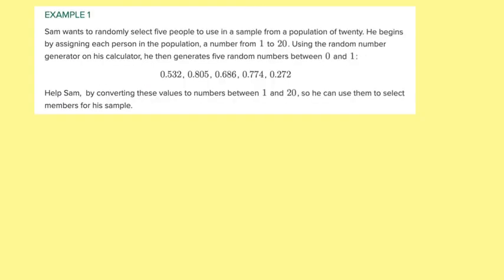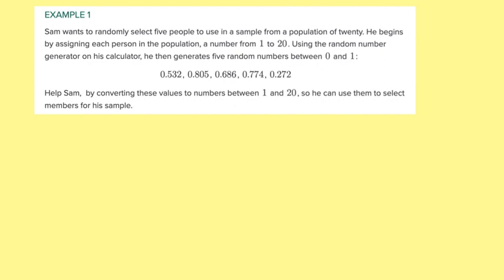Example 1. Sam wants to randomly select 5 people to use in a sample from a population of 20. He begins by assigning each person in the population a number from 1 to 20.